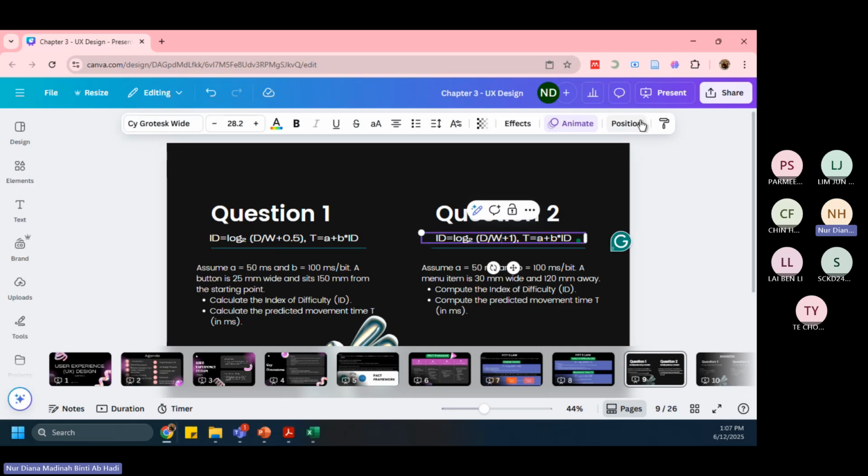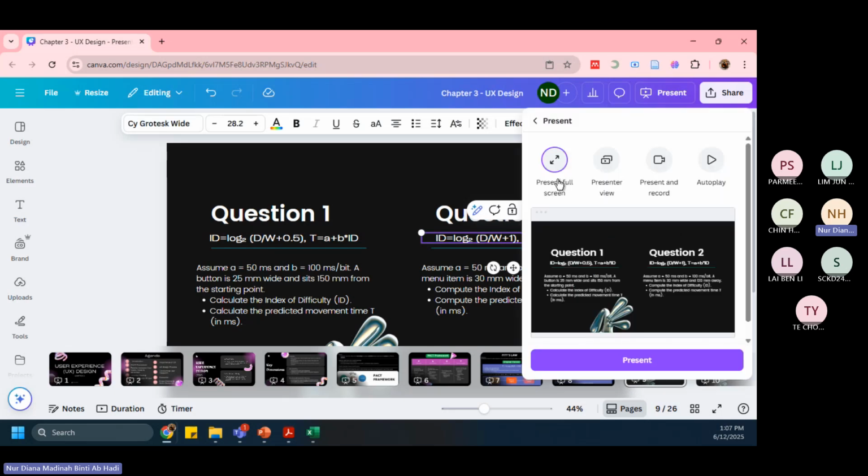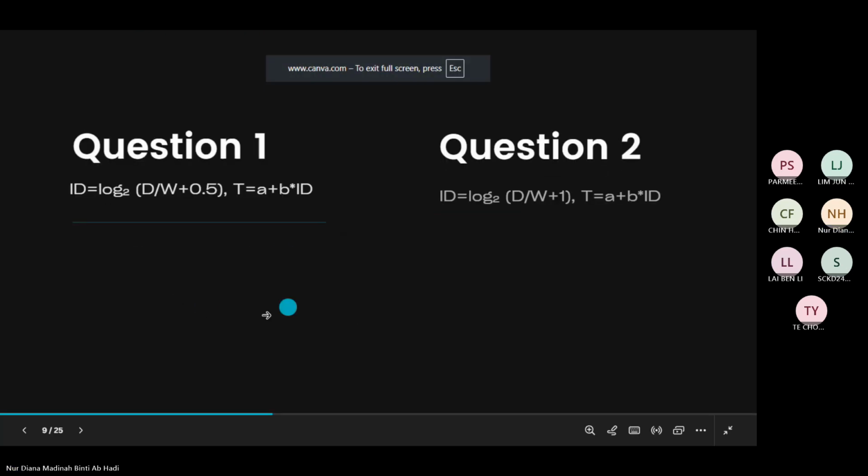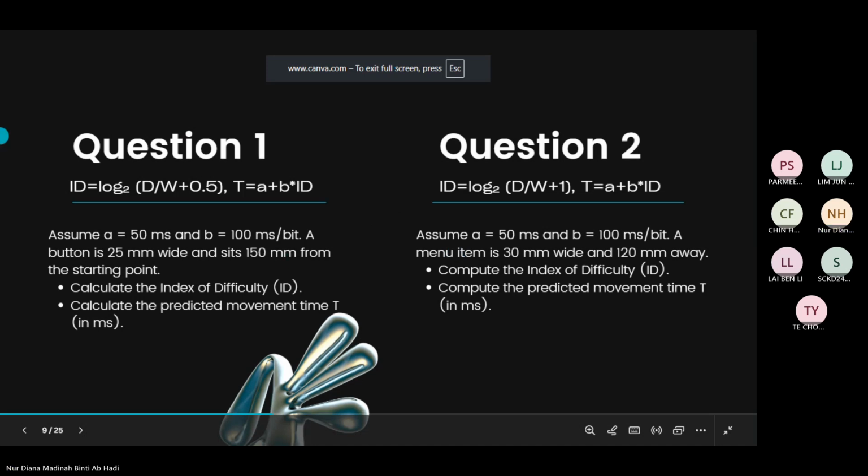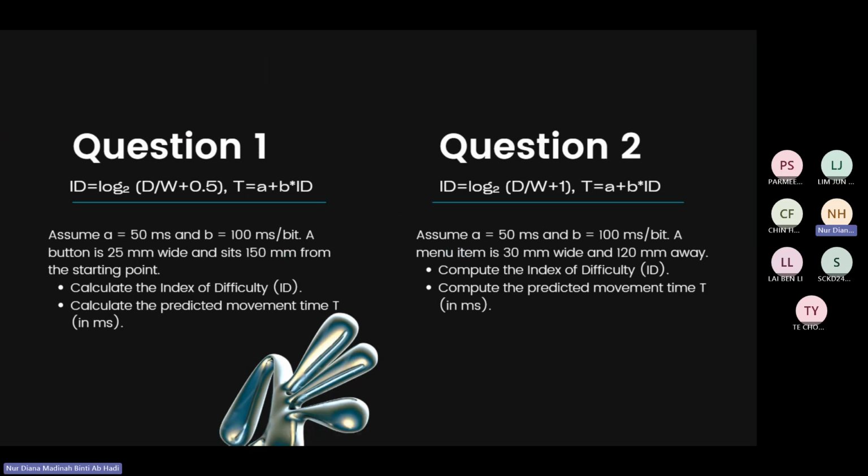Are you guys done with the extraction of your values for both questions? Put it in the proper formula placement. Are you guys done? Not yet. Okay.